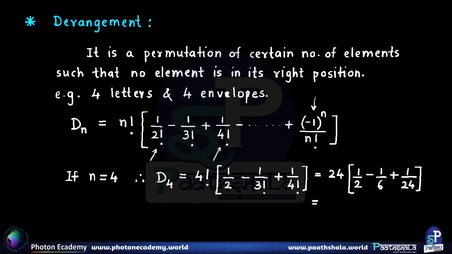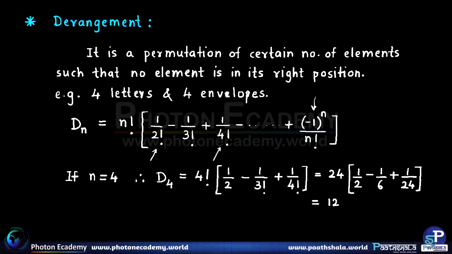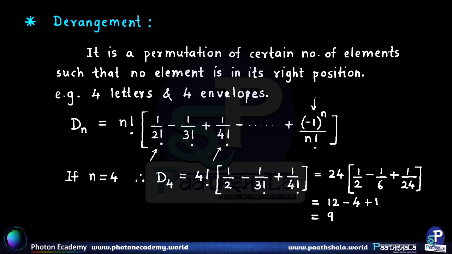On simplifying this, the simplest way is, rather than taking the LCM, we can directly expand the bracket and get 24 by 2 is 12, minus 4, plus 1. So that turns out to be 9. So there are 9 such arrangements in which none of the letters will go into its own envelope.